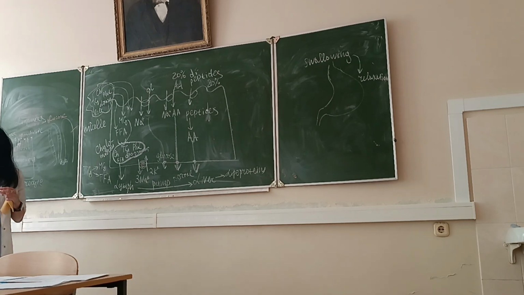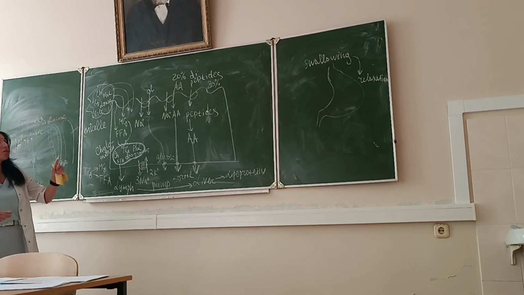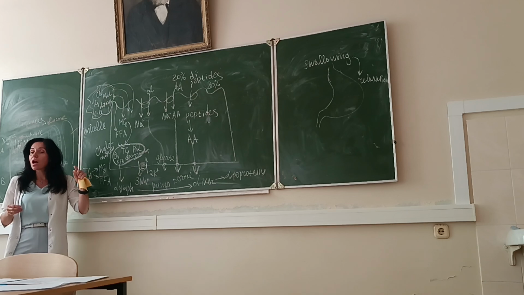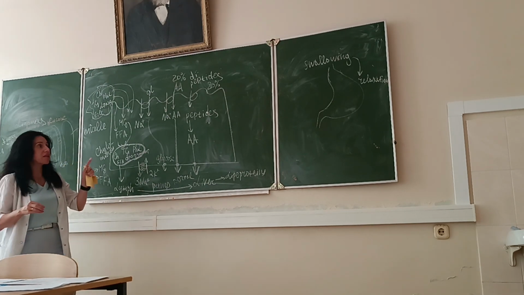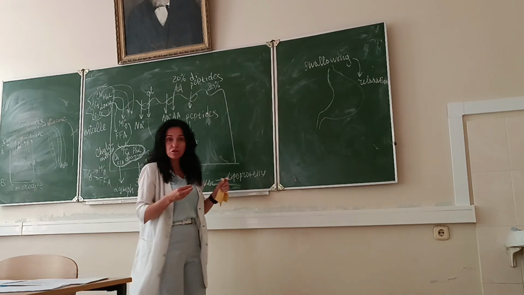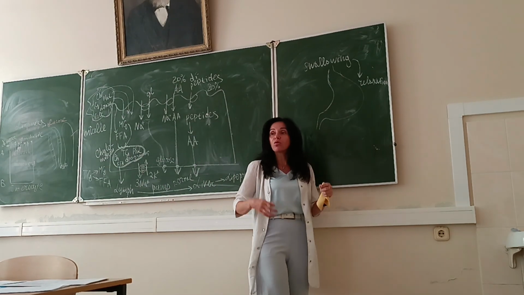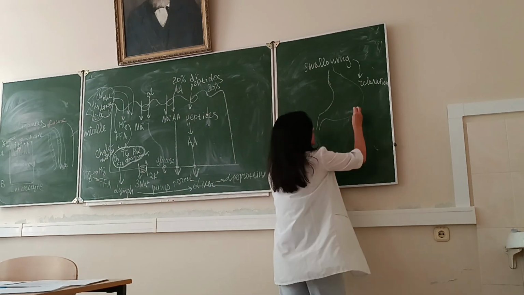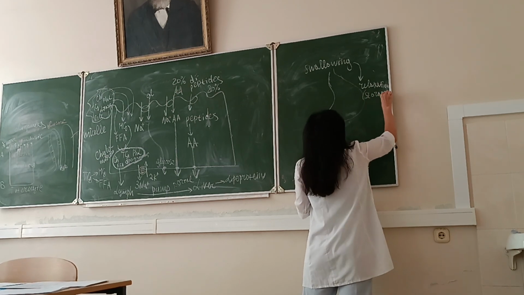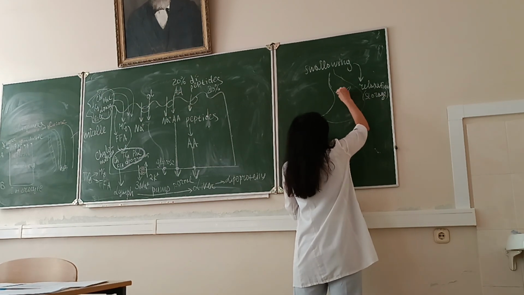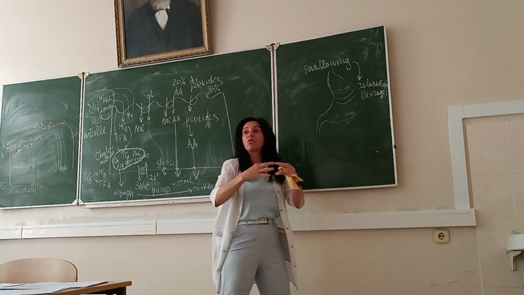When you are eating and swallowing, at first there is relaxation of the fundus to increase volume, because the stomach has a storage function, food storage, to collect more and more, to make more stretching.